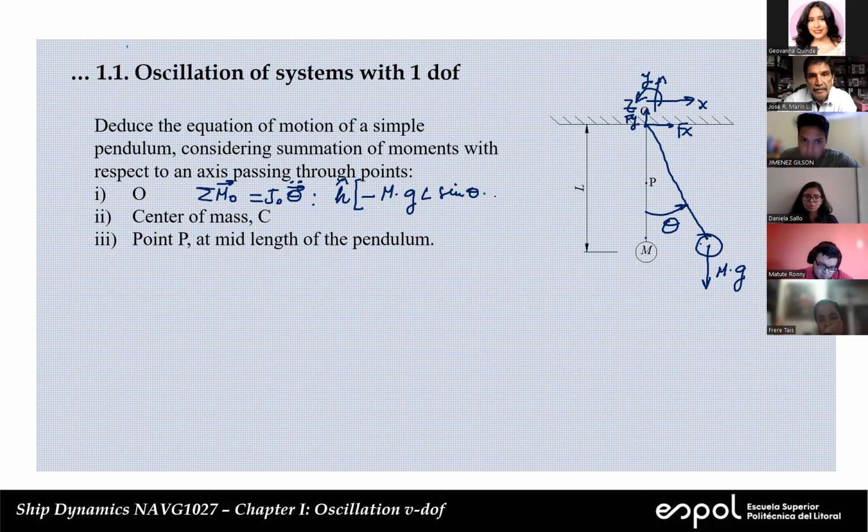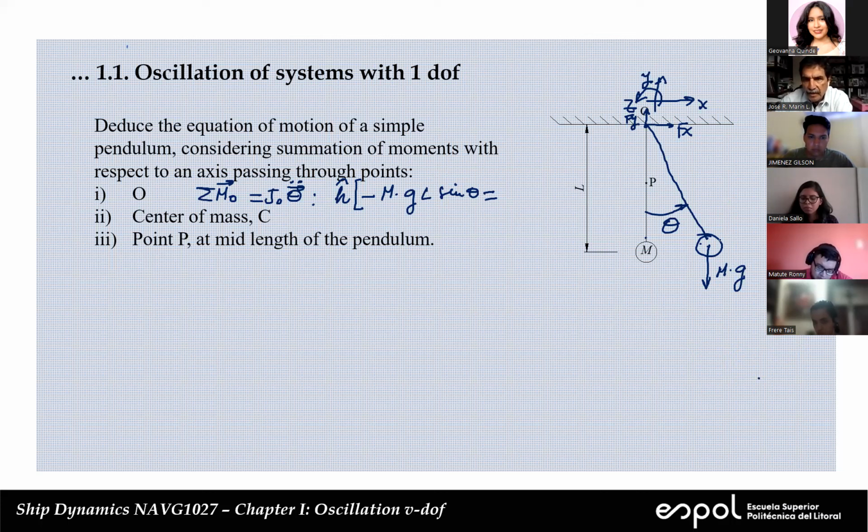On the right-hand side, we have J0. So we make an integral considering distances from this point. We remember that this is a string which has very low mass, negligible. And this is a point mass, so the dimensions of this ball are very small. If you consider the R, the distance from 0 to any point on the ball, basically it is constant.